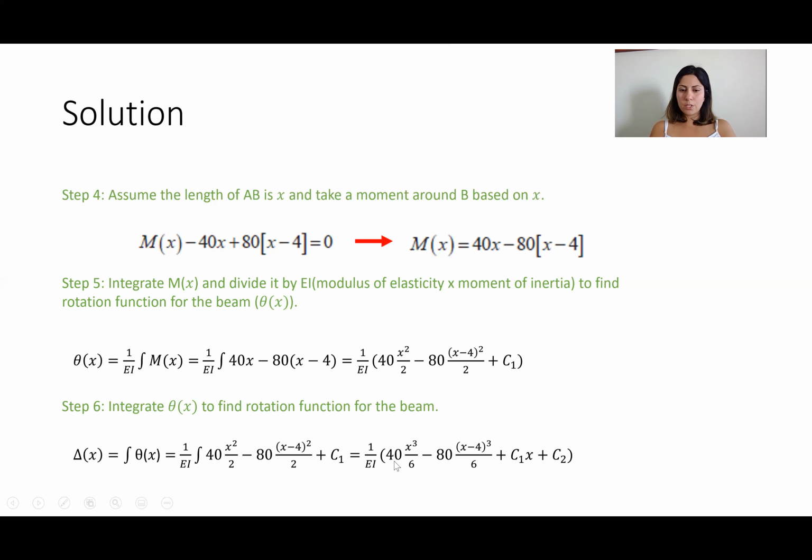So that would be 40 times x cubed divided by 6 minus 80 times x minus 4 cubed divided by 6, plus C1x plus C2. Okay?